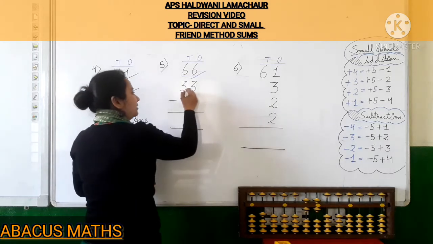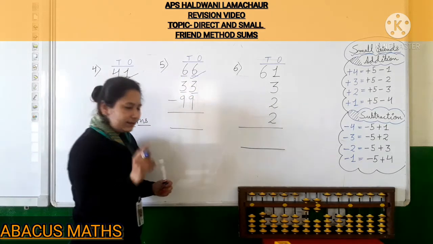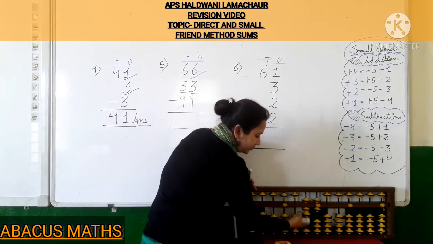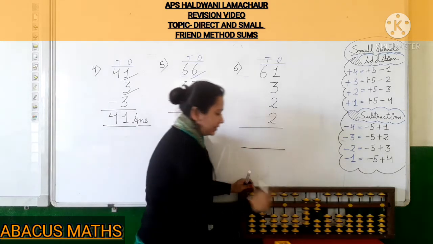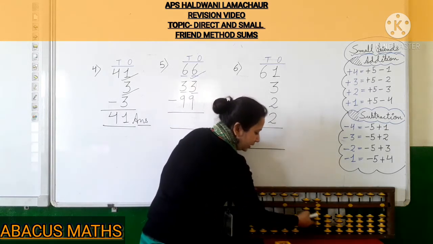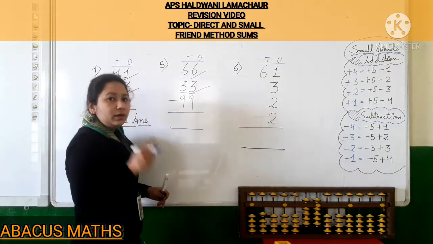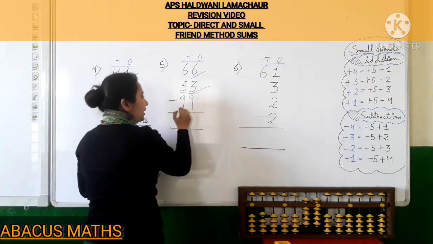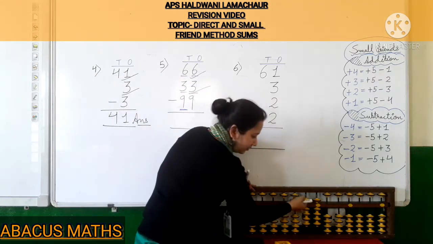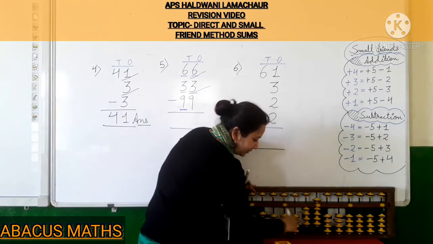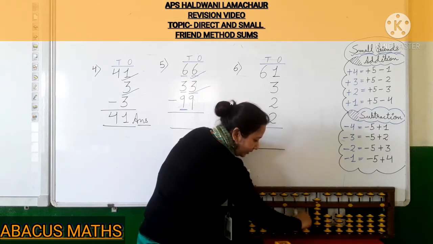Next, add this 3, 3 in ones and tens. So 1, 2, 3 in tens and 1, 2, 3 in ones. This is also done. Now minus 9, first of all in tens. 5 back to its place. 6, 7, 8, 9.